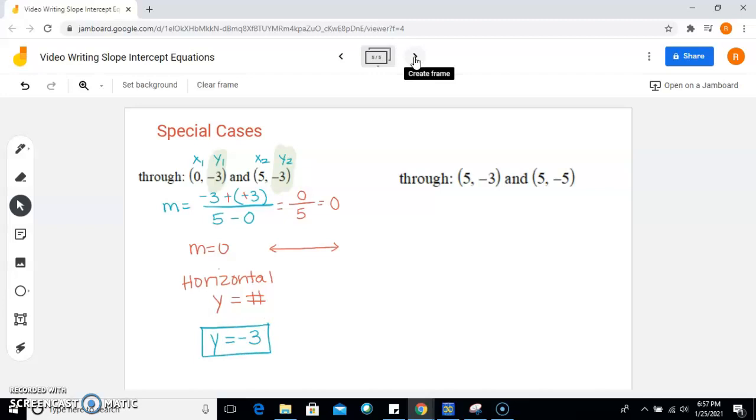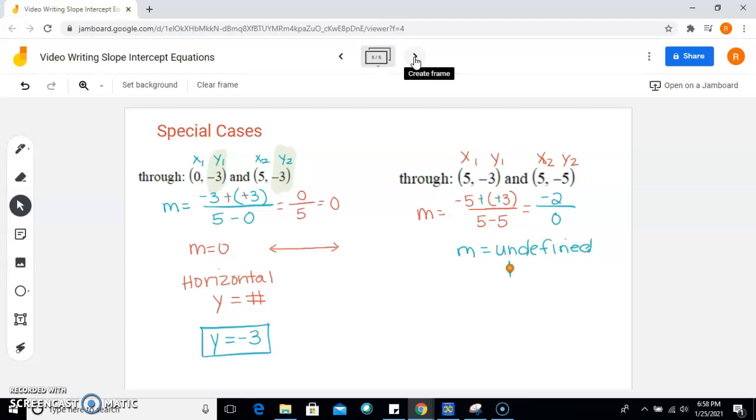So if I look at the next one, x1, y1, x2, and y2, I'm going to plug it into my slope formula. Negative 5 minus negative 3 over 5 minus 5. My two negatives are changing to pluses, so negative 5 plus 3 is negative 2. 5 minus 5 is 0. Anytime 0 is on bottom, our answer is undefined.